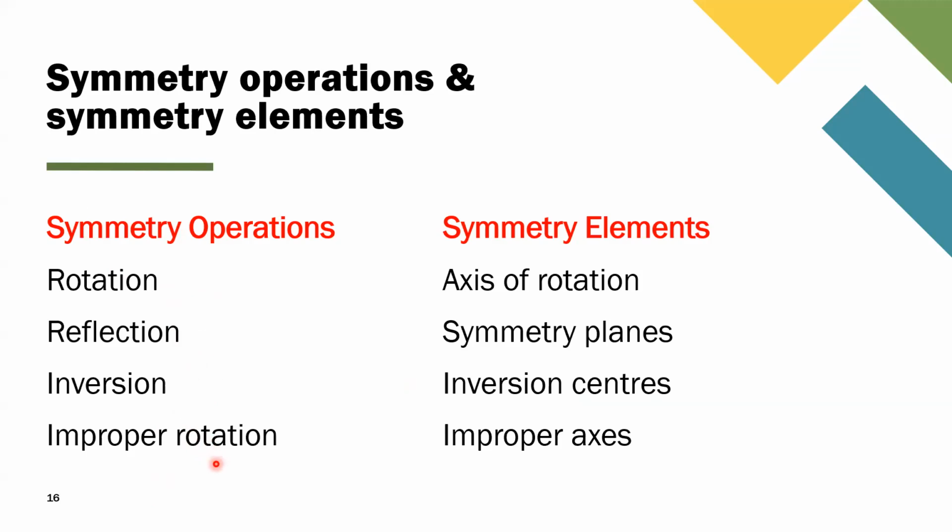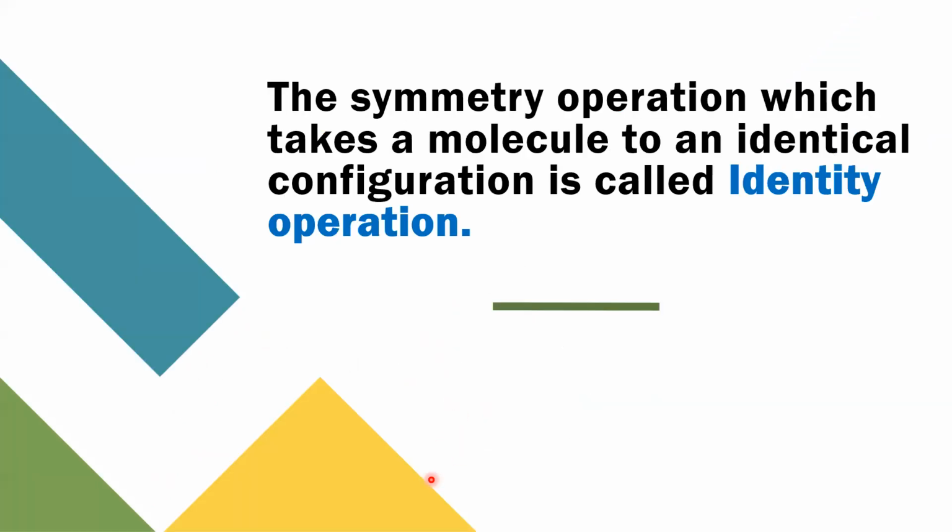So you have to learn only 4 of these, right? This whole book is based on that. The symmetry elements corresponding to each of these operations are axes of rotation, symmetry planes, inversion centers, and improper axes. Right. In addition to these four operations, there is another which all molecules possess.